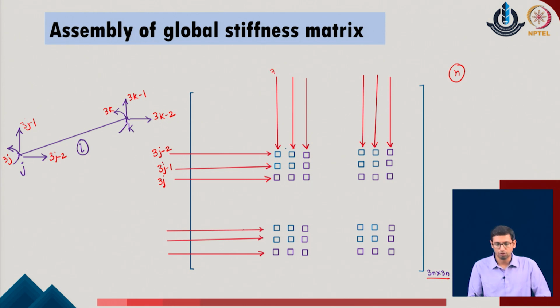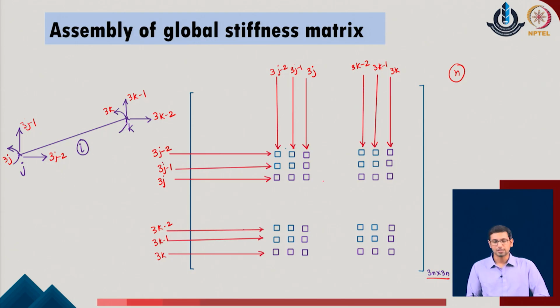Similarly, these 3 columns will also be associated with it. So, 3j minus 2, 3j minus 1 and 3j of the given system. The remaining 3 rows of the given system will be associated with the joint K. So, this will appear as 3k minus 2, 3k minus 1 and 3k in the given system. Similarly, the remaining 3 columns will also be associated with the corresponding joint K. So, this will be 3k minus 2, 3k minus 1 and 3k in the given problem.